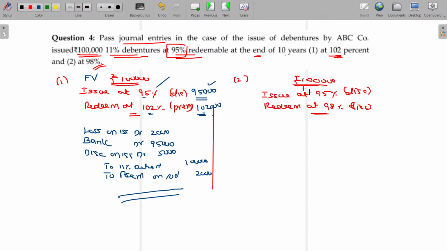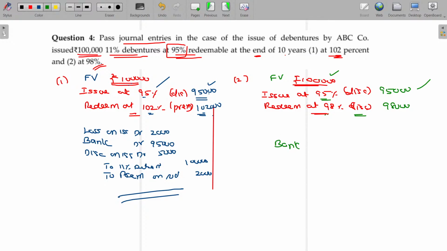For the second question, issue at 95%, for 1 lakh being the face value, issue price being 95% on this, which is 95,000. Redeemable at 98%, 98,000 rupees. Redemption at discount, issue also at discount. First you pass the entry for the issue case. What is the journal entry for the issue?